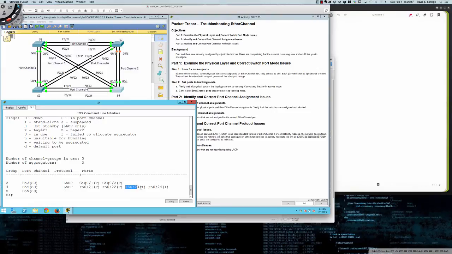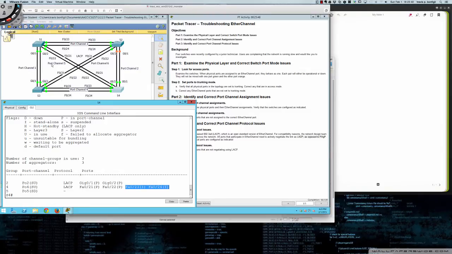But 23 and 24, should these two be in this EtherChannel right here between switch 4 and switch 1? No, we can clearly see that they should be in this port channel here between switch 4 and switch 3. And actually, let me correct what I just said there.